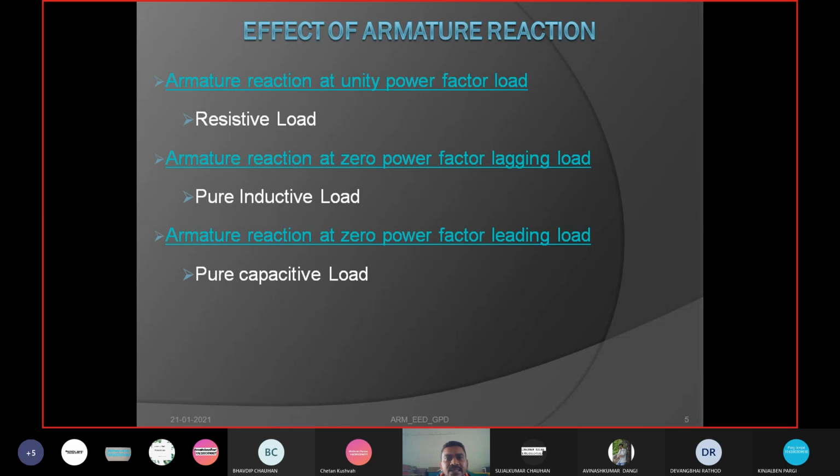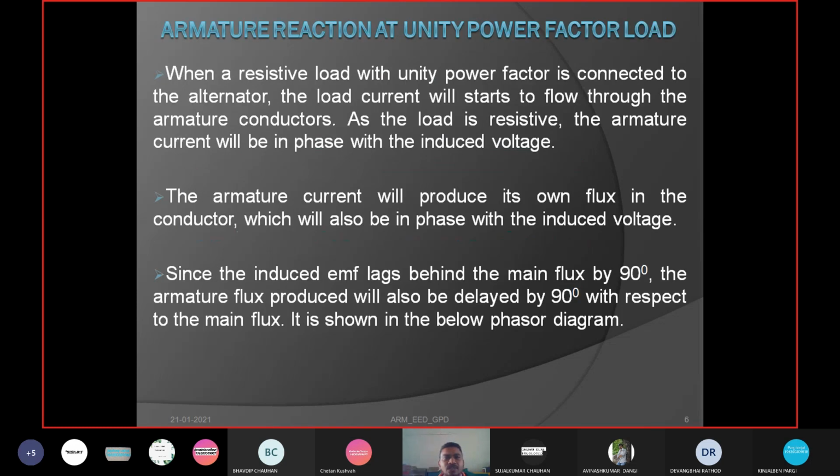We are going to discuss these. First, the armature reaction at unity power factor. We assume the load connected to the alternator is of unity power factor, that means a pure resistive load.